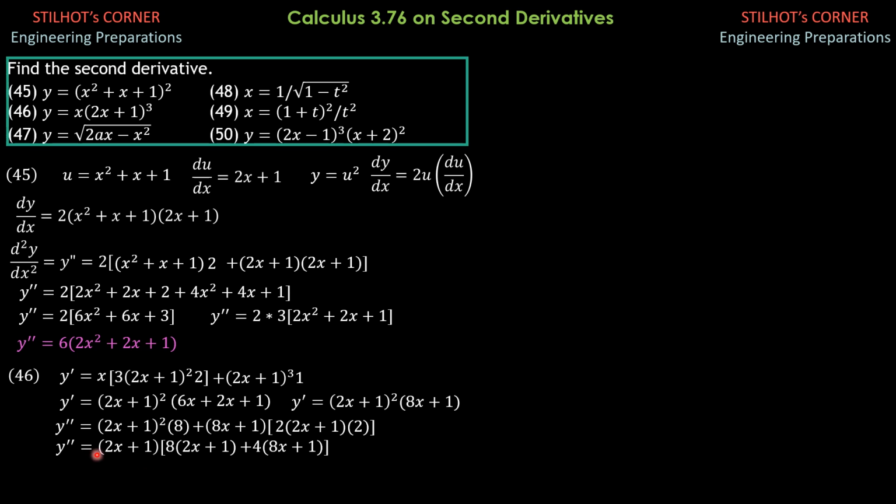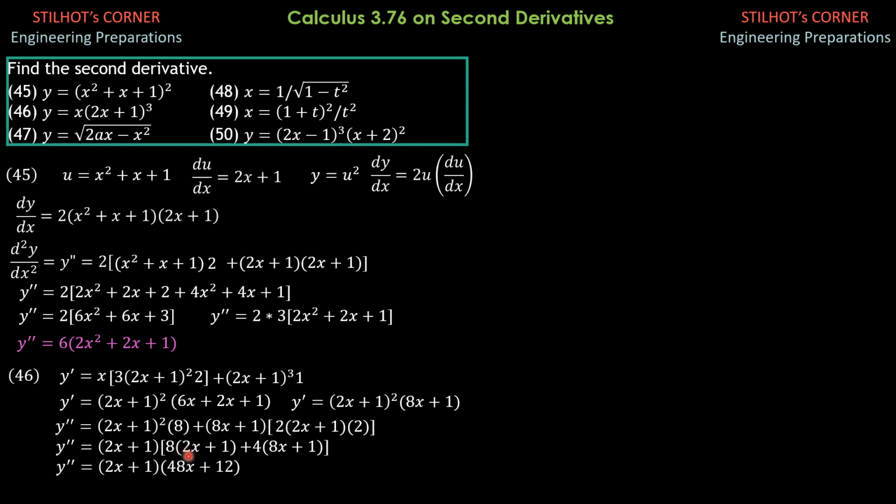So simplifying, y double prime equals quantity 2x plus 1 times 16x plus 32x, 48x, plus 8 plus 4, 12. So y double prime is 2x plus 1 times quantity 48x plus 12.